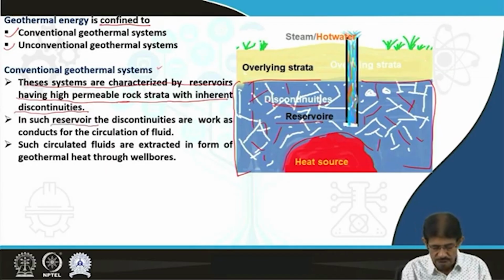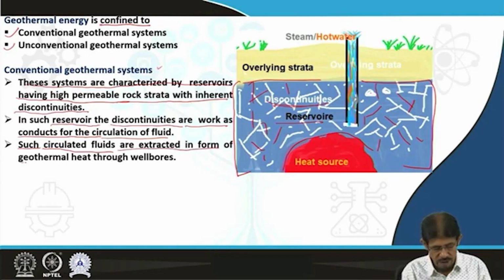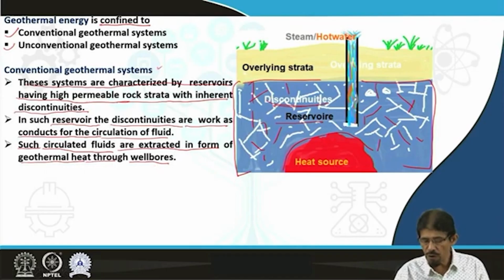In such a reservoir, the discontinuities work as conduits for the circulation of fluid present in the reservoir. And third, such circulated fluids are extracted in the form of geothermal heat through a borehole drilled inside the reservoir.